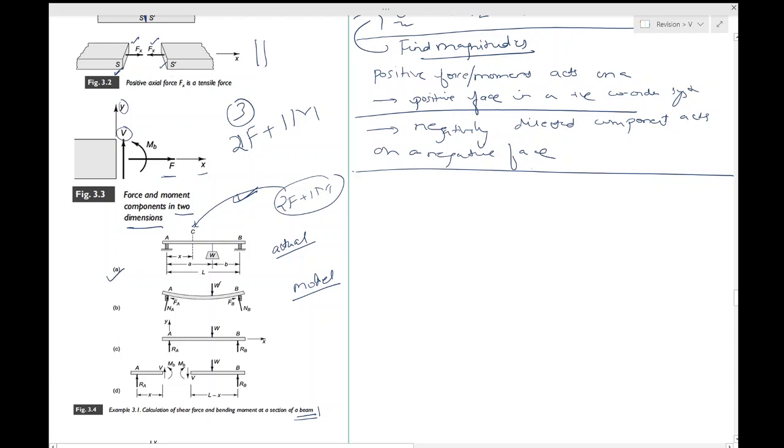For the supports, you have taken force both normal and tangential, in both the cases. This is just to say that the force acting on B is somewhere like this, FB, and the force acting on A is somewhere like FA, so that it has both the horizontal and the vertical components. I'll just remove this.